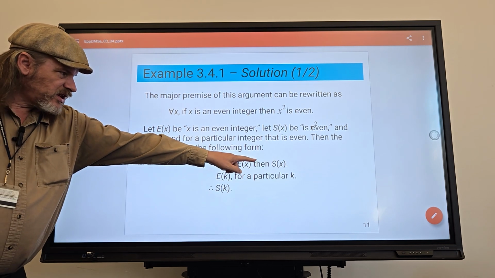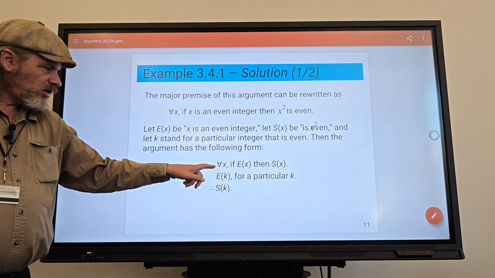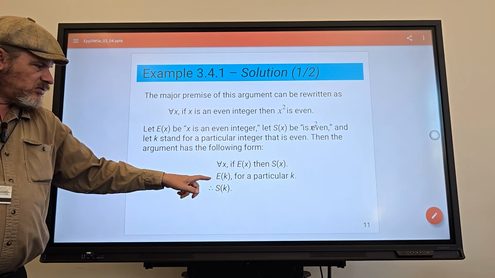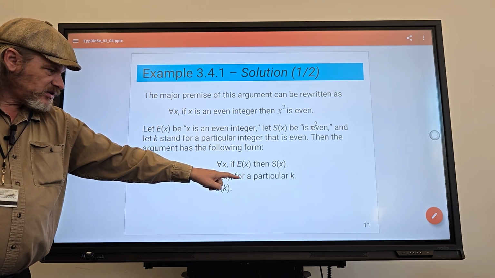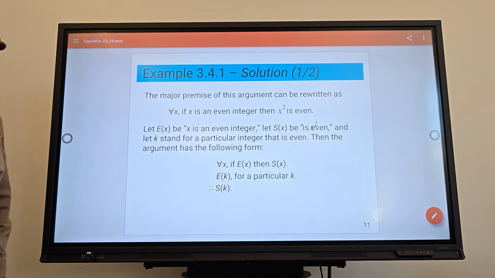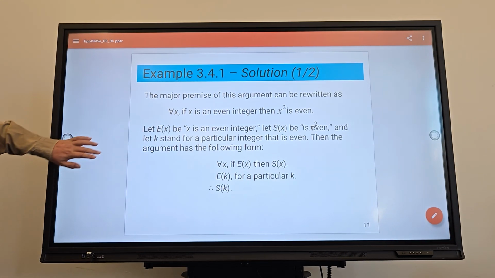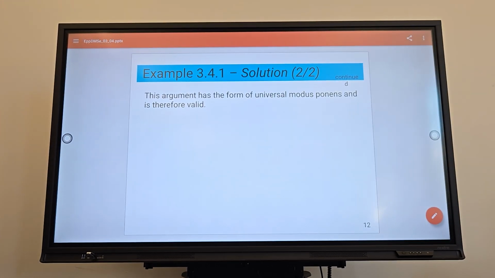If e of x, then s of x for all x. e of k is true for a particular k, therefore s of k is true. It is valid by universal modus ponens.